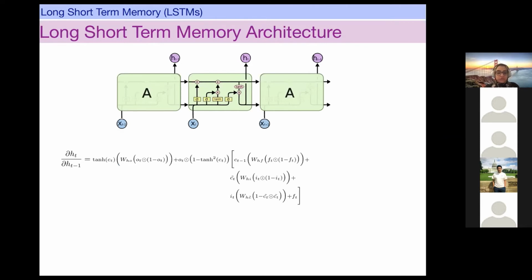And remembering what we said previously, when we have these weight matrices and we multiply them over and over again, assuming that we initialize them to be small values, they're going to eventually vanish. So we end up with something that looks like this, which is basically the forget gate, an element-wise multiplication, times the output and the cell state.